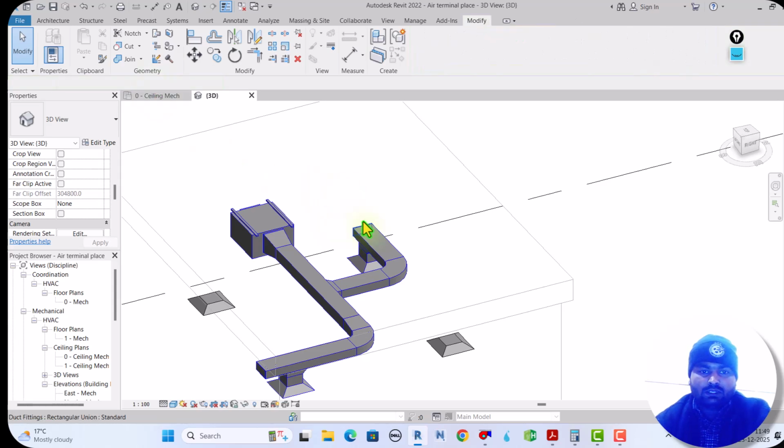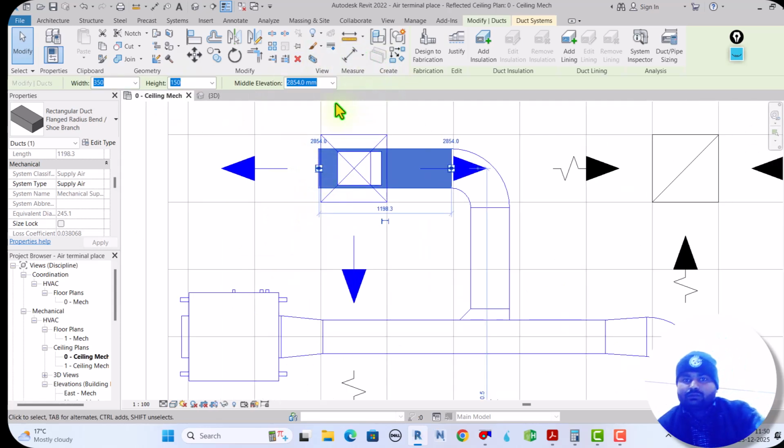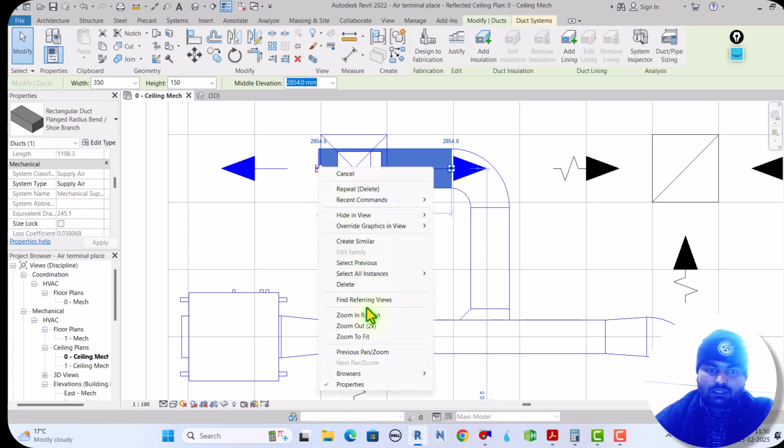right? And add what? Add the cap, add insulation, or see here, right click, you have to add the cap. Add, okay.